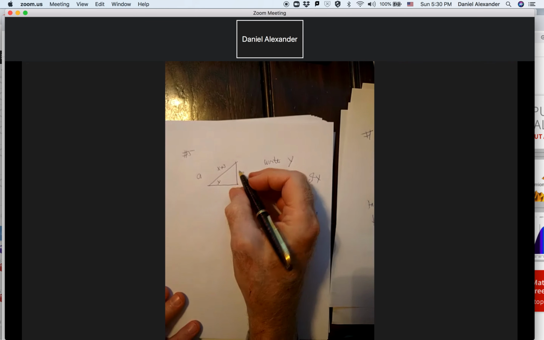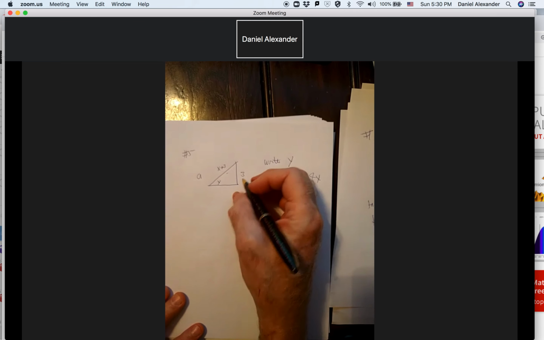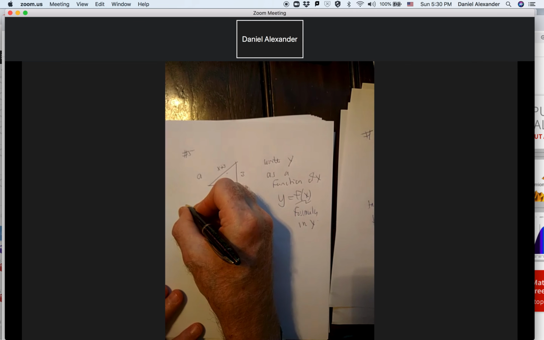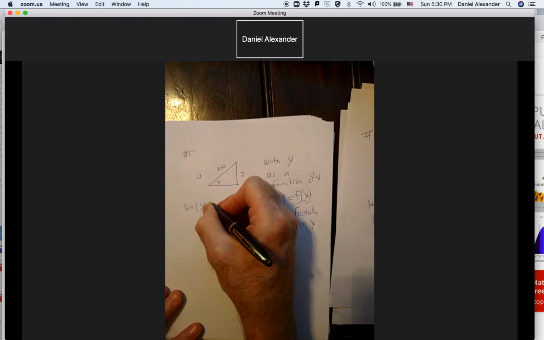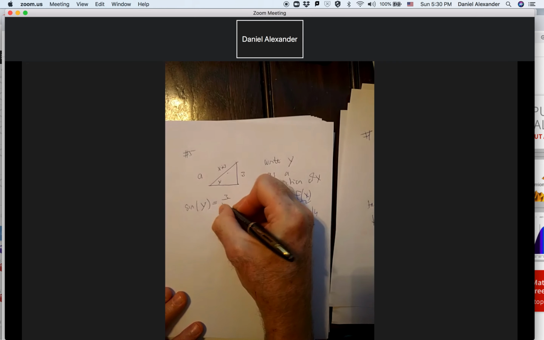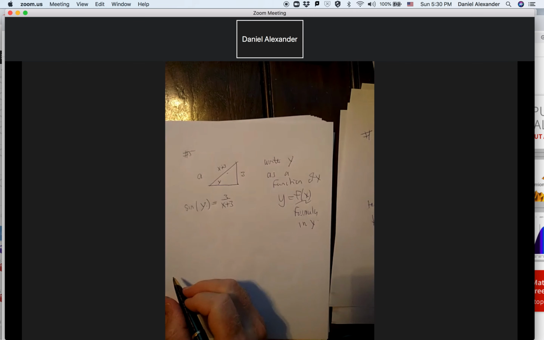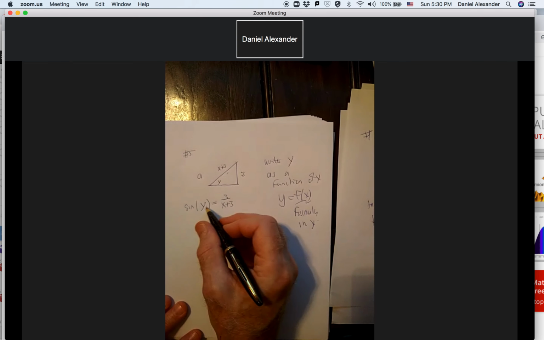So again, I look at this and I say, okay, what if I look at that? Let's see, opposite over hypotenuse. So I have, okay, the sine of y is going to be equal to 3 over x plus 3. Okay. Now I want to get y alone. So I want to solve for y.